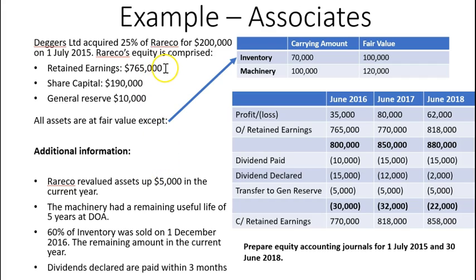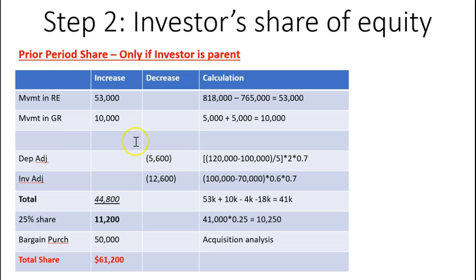Upon acquisition we have retained earnings of $765,000, and our closing retained earnings at 30 June 2017 is $818,000. This is an increase of $53,000 of equity. Because we own 25% of our associate, we should be entitled to our fair share of that increase in retained earnings from the prior periods. So we put that $53,000 in our increase column.